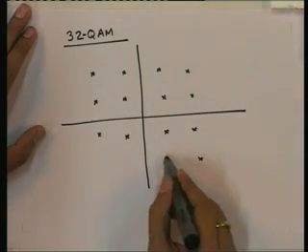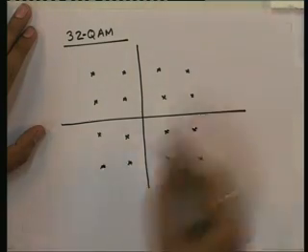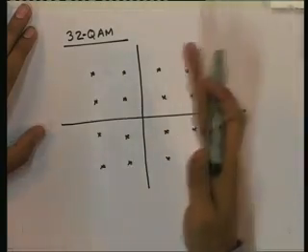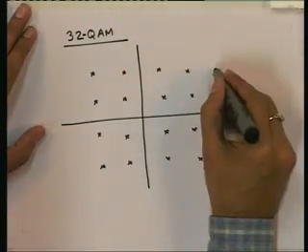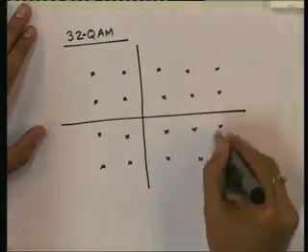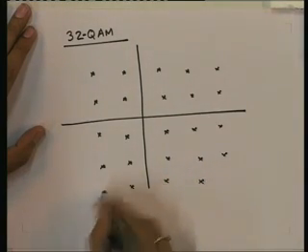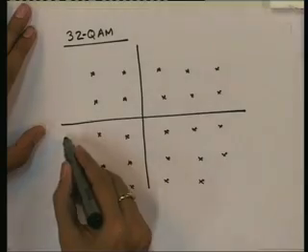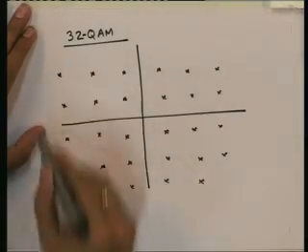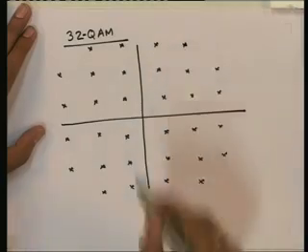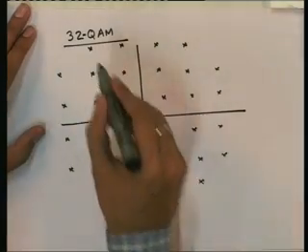Then we want to add 16 more points. So we add 4 points on each side. Then on this side 4 points, then on this side 4 points, then on that side 4 points. This is the 32 QAM constellation.